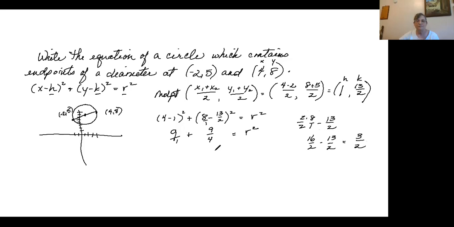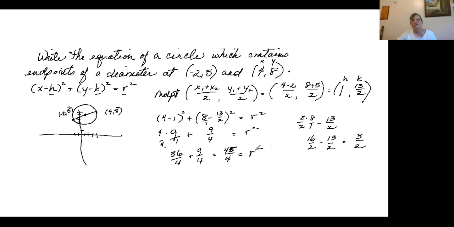And then again, I still have to get a common denominator. So 9 is 36/4, plus 9/4 would equal 45/4. That's r squared.